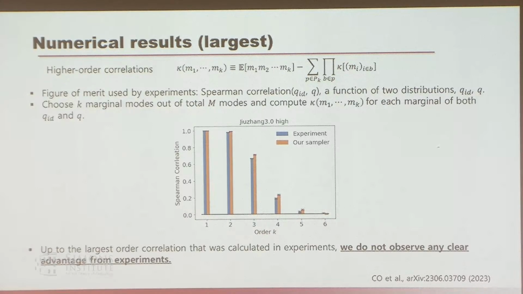So up to the largest correlation we computed, and also what was provided in the experiment, we did not observe any clear advantage using all the benchmarks that experimentalists used to claim their quantum advantage. So basically, we win over all the benchmarks. And what was the computational cost? We used about 1 hour to simulate the largest-scale experiment and generate 10 million samples.